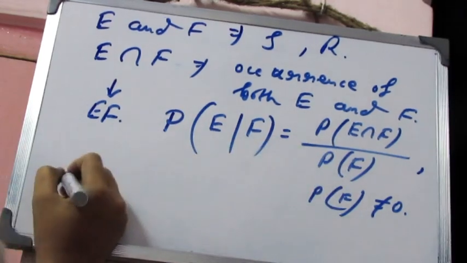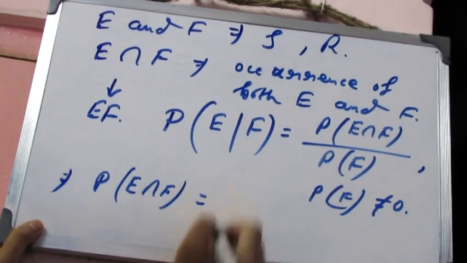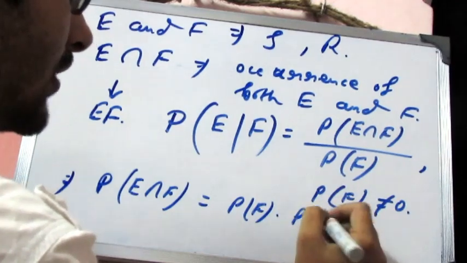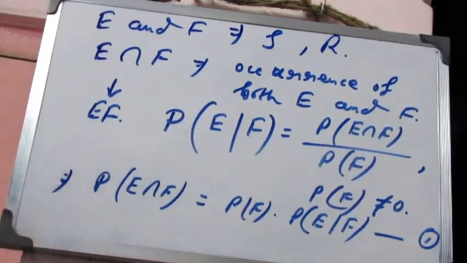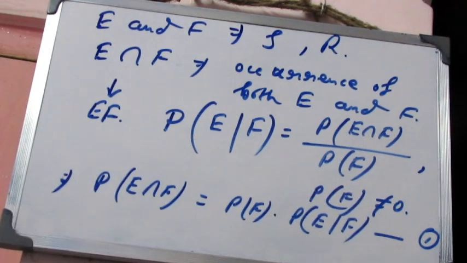From here we can write P of E intersection F is equal to P of F into P of E condition that F. This is equation 1, where P of F not equal to 0.